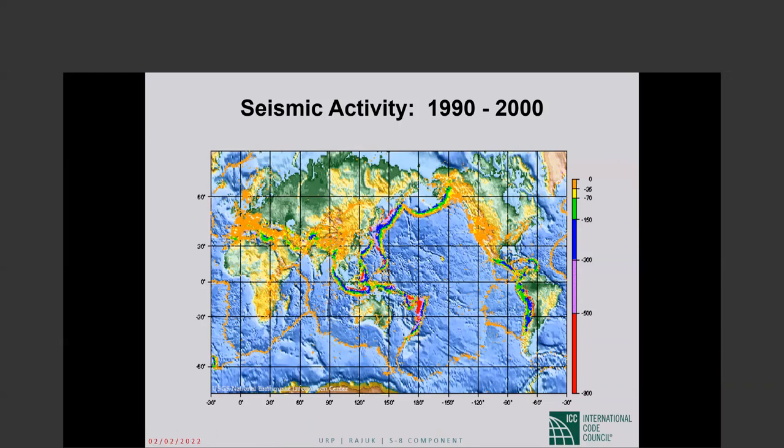And you see that shallow focus earthquakes are much more common than deep focus earthquakes. The deepest focus earthquakes in red are few and far between and only in a few parts of the world. So two things are true. There is no spot on earth where you can say with absolute certainty that there can never be an earthquake here. That cannot be done.